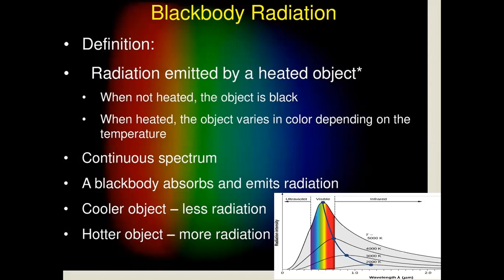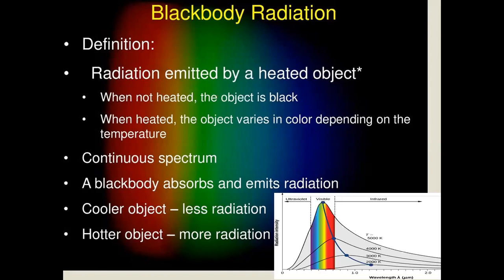This color depends upon the temperature of the body. For example, when you are burning wood or when you are using a gas stove, you might have looked into the flame. Sometimes the flame is blue, sometimes red, yellow, or white. This color indicates the temperature of the particular object.